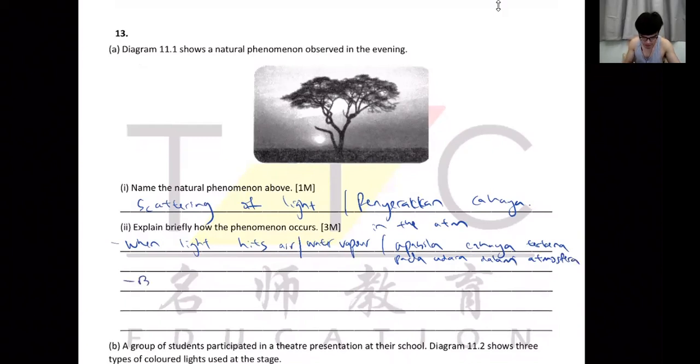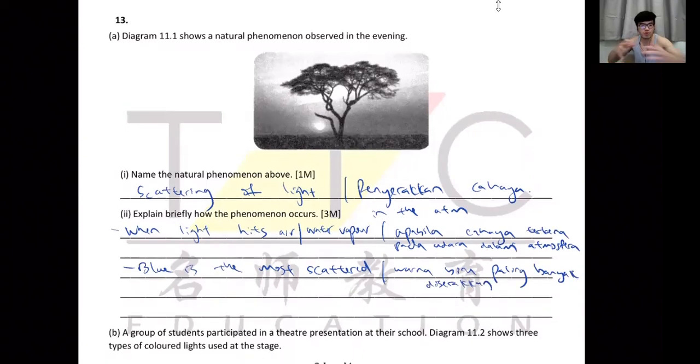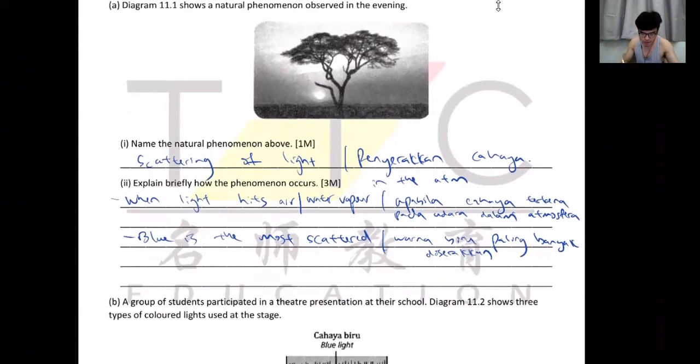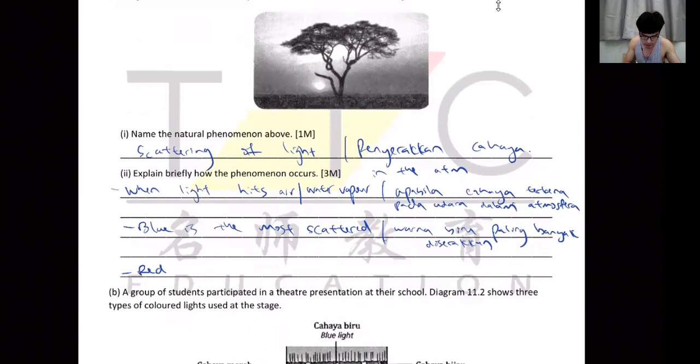Okay, so what happens? Blue is the most scattered. Okay, warna biru paling banyak diserapkan. Okay, so there's no more blue. Blue is finished scattered already. So who is the leftover one? So red and orange is the least scattered.